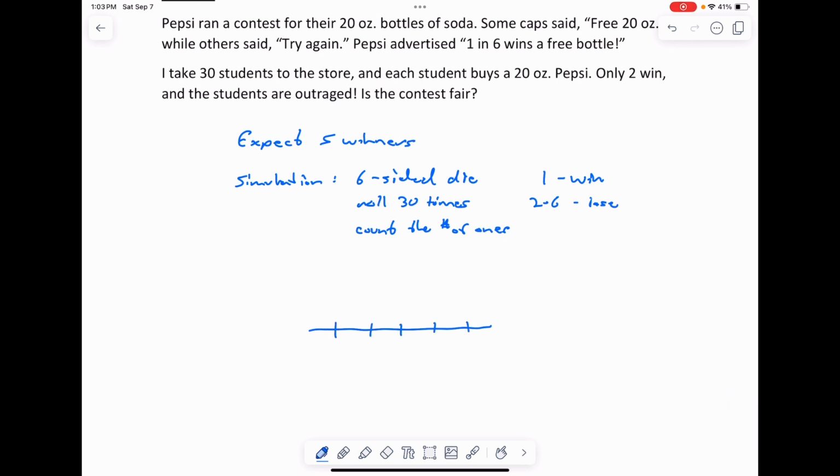So you've got 0, 1, 2, 3, 4, and technically we need to take that all the way up to 30 because it's possible, though highly unlikely, that you would roll a 1 30 times. But the idea is you'd make a dot plot then, or you'd collect your data and you'd look at, okay, so maybe once we got 1 out of the 30, and maybe twice I got a 2, and then a bunch of 3s and 4s and so on and so forth, right, as we go through up to 30.